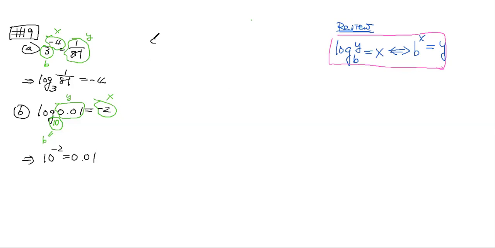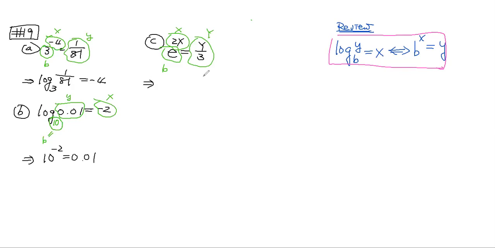Okay, let's take a look at part C: e to the 2x is equal to y/3. Let's do the same thing and write down what we have. This is my b, this whole thing here is my big X, and this is my y.